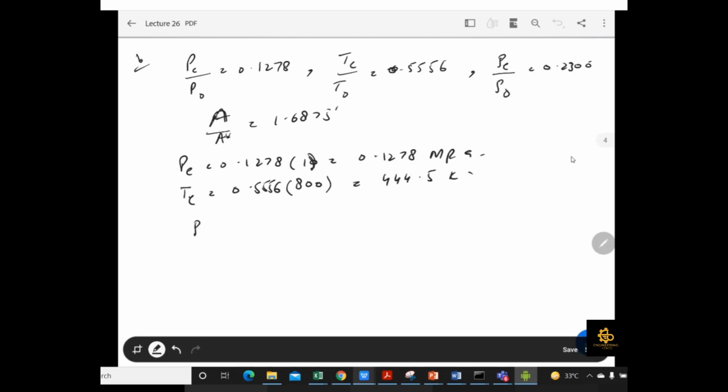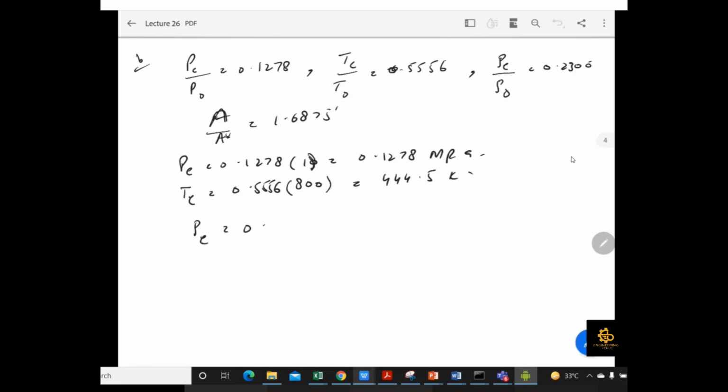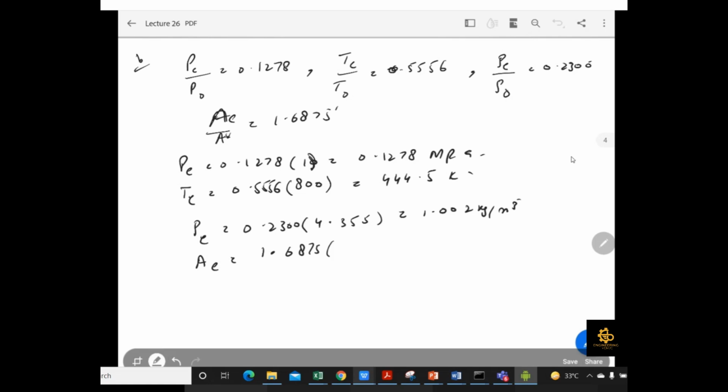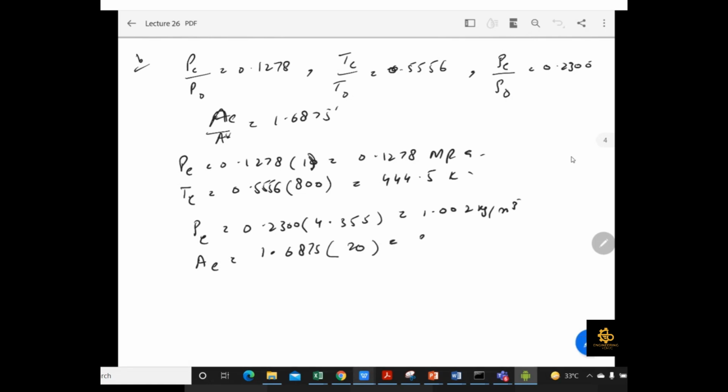Similarly, rho exit is equal to 0.2300 multiplied by the stagnation density, which we already know, and it is equal to 1.002 kg per meter cube. Area exit is 1.6875 into area star. Area star is given in the question as 20 centimeters square. From there you can find it is equal to 33.75 centimeters square.